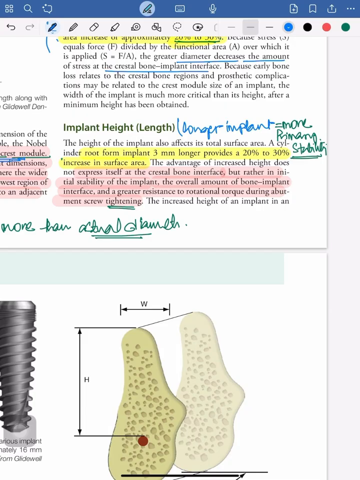So the length of the implant is not of that great value when we talk about osseointegration. However, longer implants do have the advantage of increased primary stability. But when we talk about secondary or biological stability, longer implants don't have that great an advantage compared to wider implants. Why?